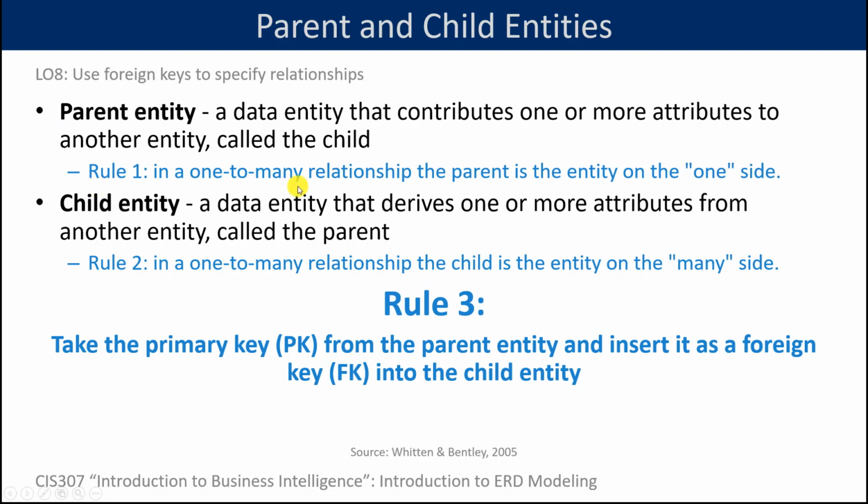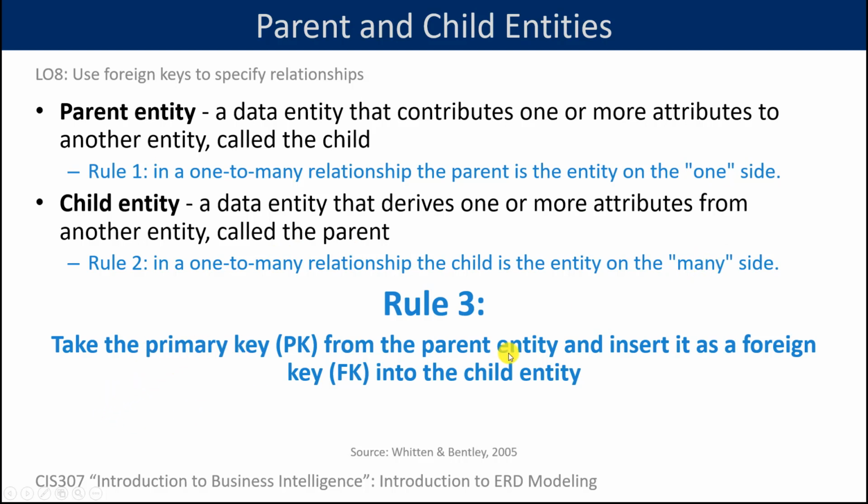In a one-to-many relationship, where you have one on this side and many on this side, the parent is the entity on the one side, okay? And in the same relationship, a child entity is on the many side. So once you figure out which entity is on the one side and which is on the many side, you know which entity is the parent, the one on the one side, and which entity is the child, the one on the many side.